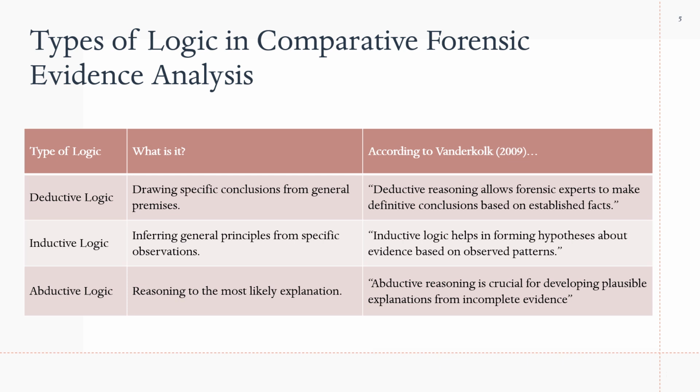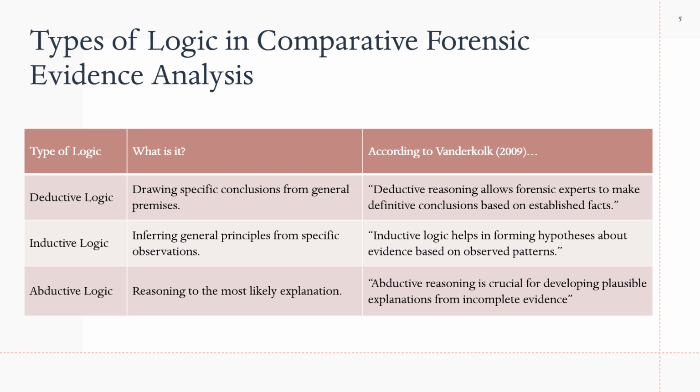Types of logic in comparative forensic science: there are three different types that experts can use when comparing this evidence. Those three types are deductive, inductive, and abductive logic. So what does it look like? Your deductive logic is drawing specific conclusions from general premises. According to our textbook, Vanderkolk in 2009 mentions that deductive reasoning allows forensic experts to make definitive conclusions based on established facts.